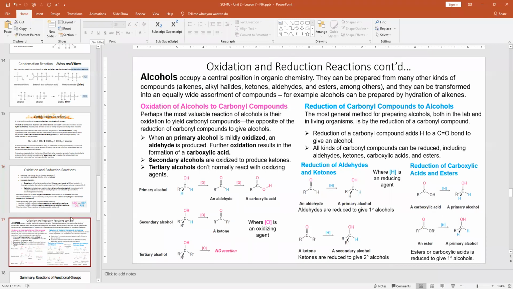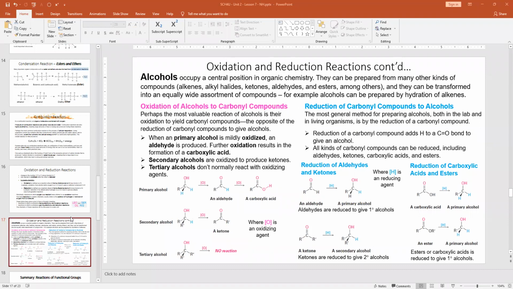So here, let's continue talking about our oxidation and reduction reactions. Alcohols have a very central role in organic chemistry, and they can be prepared from many other kinds of compounds, such as alkenes and alkyl halides.